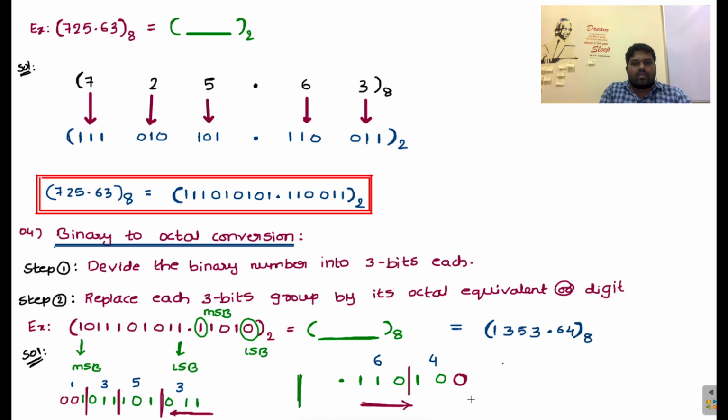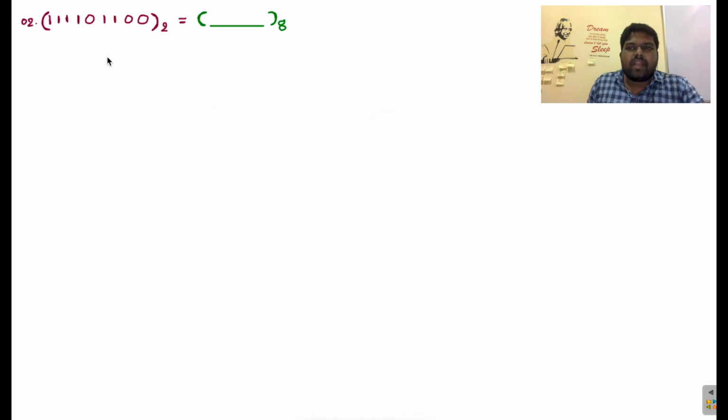So I will take one more example. The given binary number does not have a fractional portion, so we have only an integer binary number, right? For division into 3 bits each, we have to move from the least significant bit to the most significant bit, that means right to left, right?